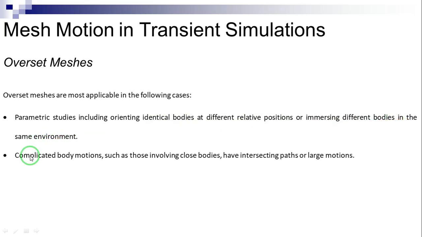Fewer meshes are generated for these cases when using overset meshes. Complicated body motions, such as those involving closed bodies, intersecting paths or large motions.